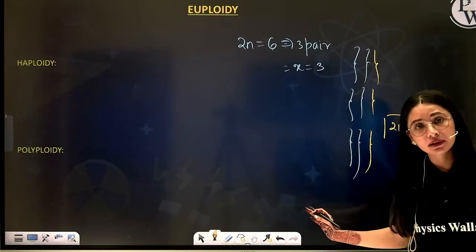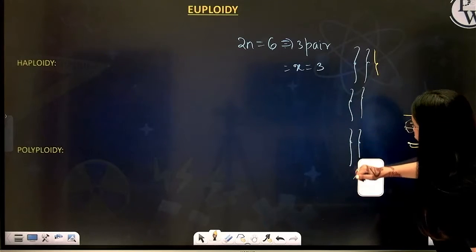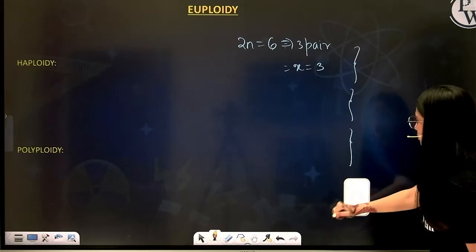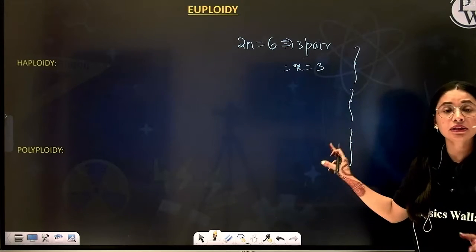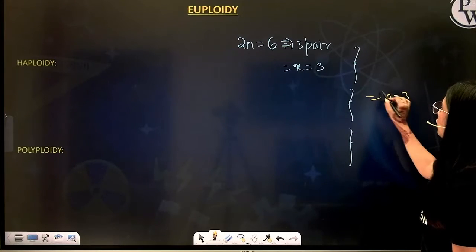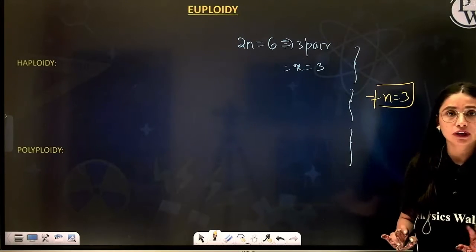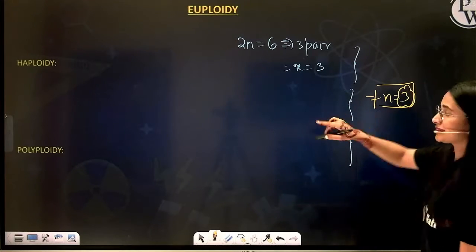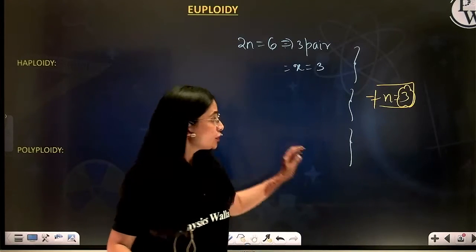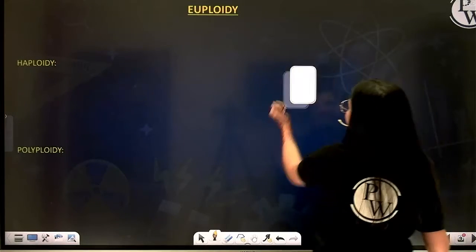This is addition. Now, suppose deletion has to take place, then beta one complete set has to get deleted. So this is known as deletion type of euploidy mutation. Now here the number of chromosome will become 3. One set is only left. Again in multiples of basic set. 3 into 1 is 3. So whenever change in the chromosome is occurring in multiples of basic set.